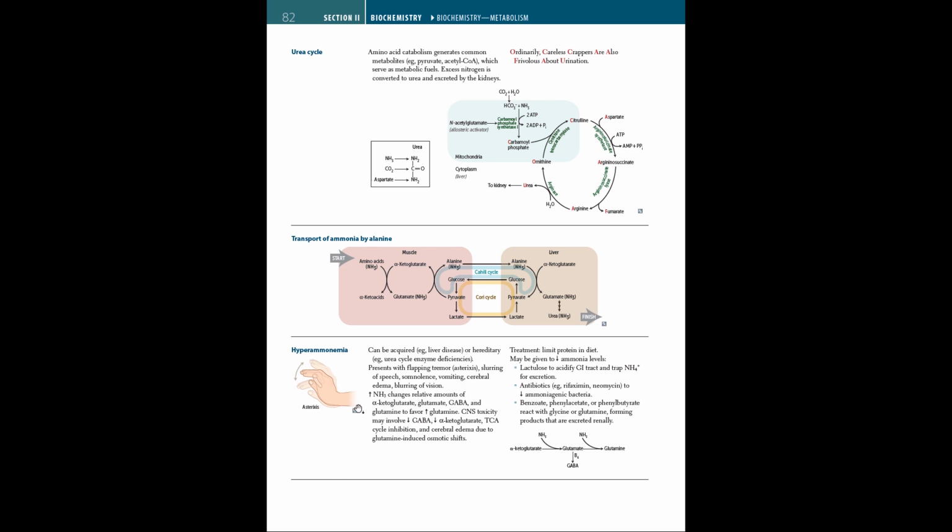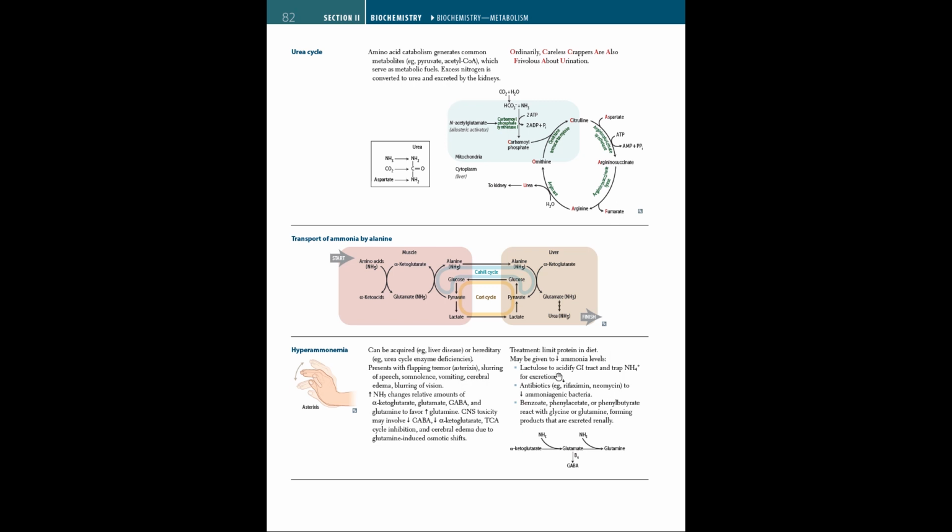There's an increase of NH3, and this changes the relative amounts of alpha-ketoglutarate, glutamate, GABA, and glutamine to favor increased glutamine. Now, CNS toxicity may involve decreased GABA or decreased alpha-ketoglutarate, TCA cycle inhibition, and cerebral edema due to glutamate-induced osmotic shifts. Now, the treatment for hyperammonemia is to limit protein in the diet, and other agents may be given to decrease ammonia levels.